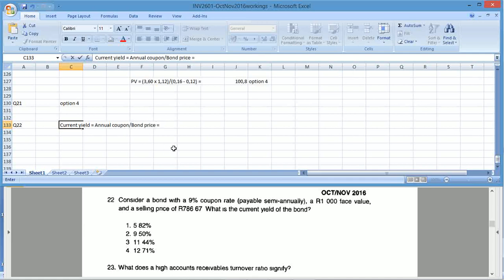The annual coupon here is 9% of face value, divided by the current price. 11.44%, option 3.